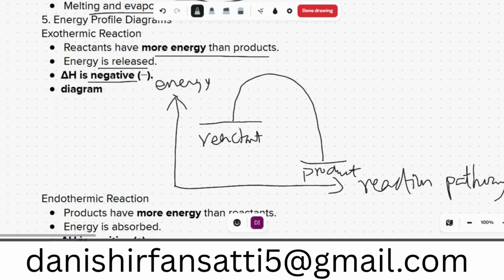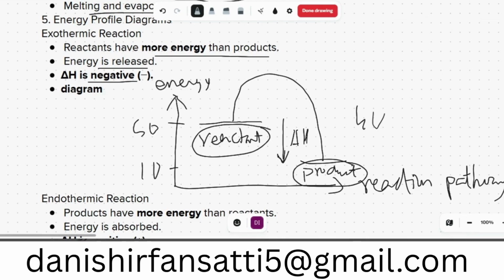At the start the reactant has more energy whereas the product has less energy, so the delta H change is negative. Why? For example, the reactant is at 50 and the product has energy of 10, so 40 joules of energy is released into the atmosphere.